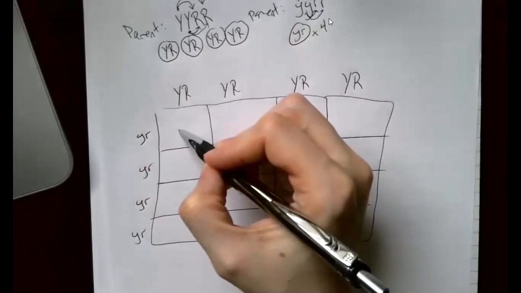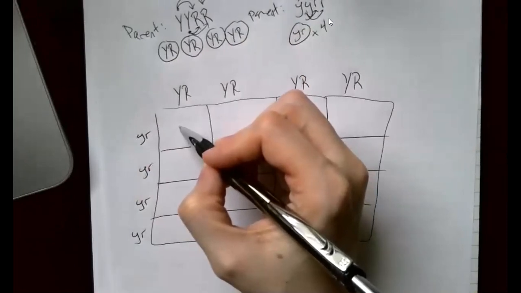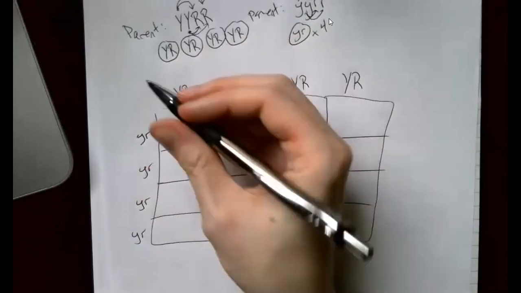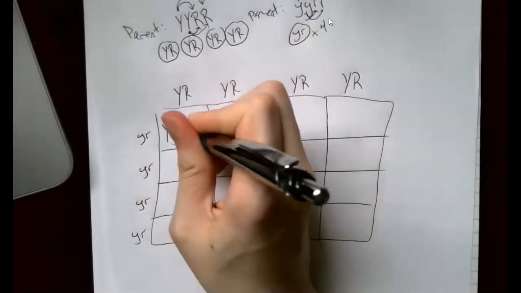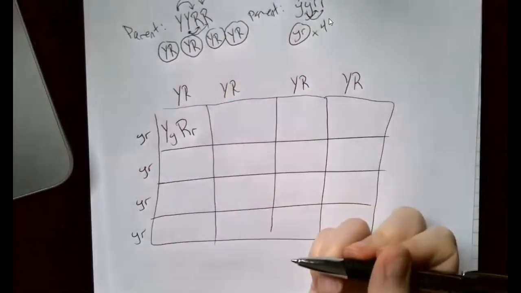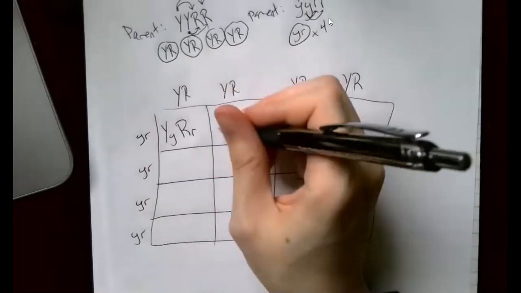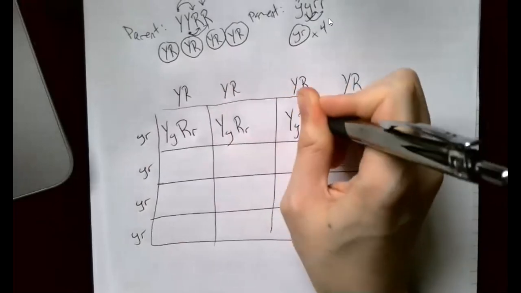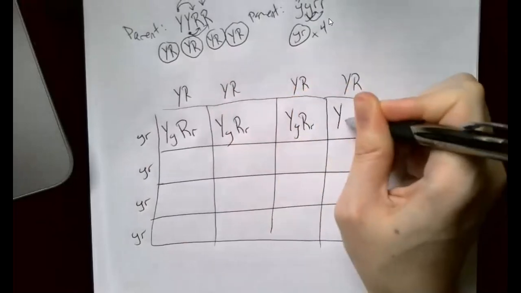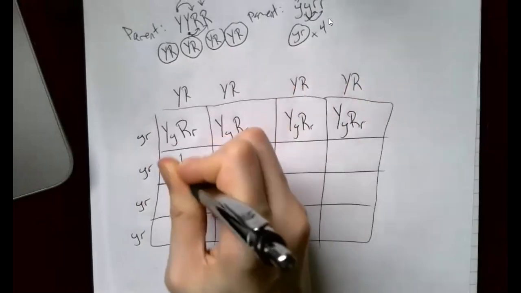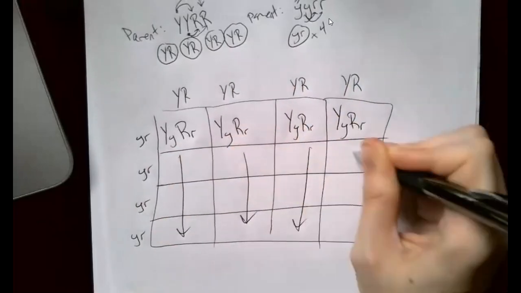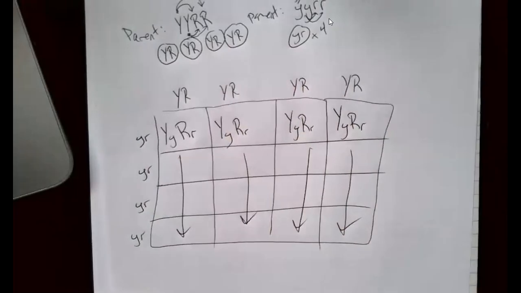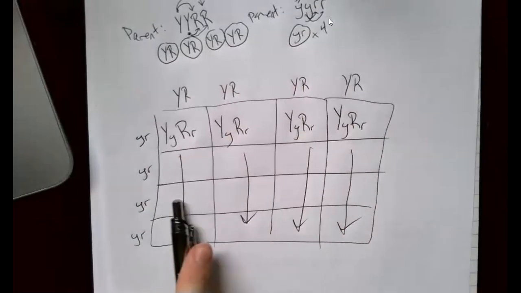So I'm going to write my Y's first and my capital letters before my lowercase letters. So I'll write my capital Y and then my lowercase y, capital R, and lowercase r. And it's going to be the same the whole way across because the gametes are all the same. It's also going to be the same the whole way down because the gametes are all the same. And feel free to just write arrows to fill in things that are the same. You don't have to actually write it out every single time.